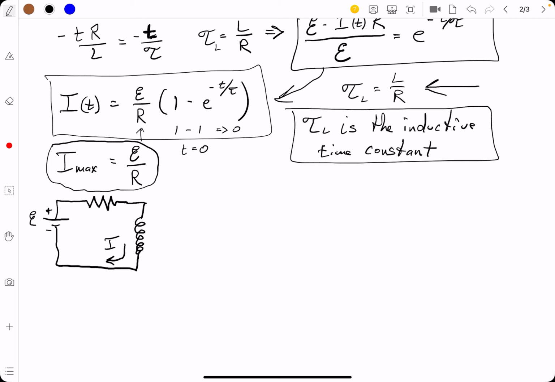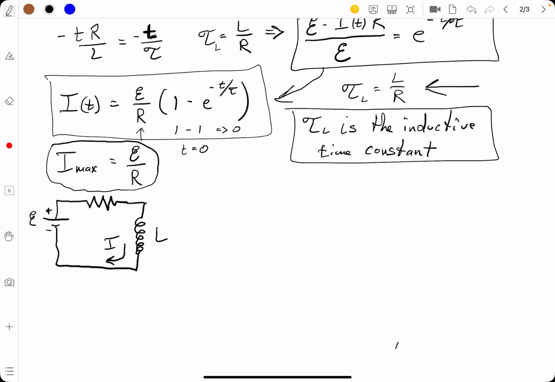So our current at t equals 0 is 0. So we've got this inductor basically absorbing all the current that goes through this system. Okay, so the inductor absorbs all the current going in.